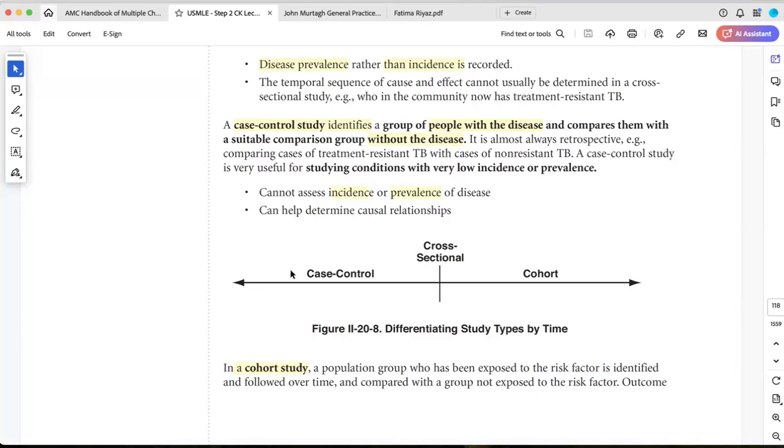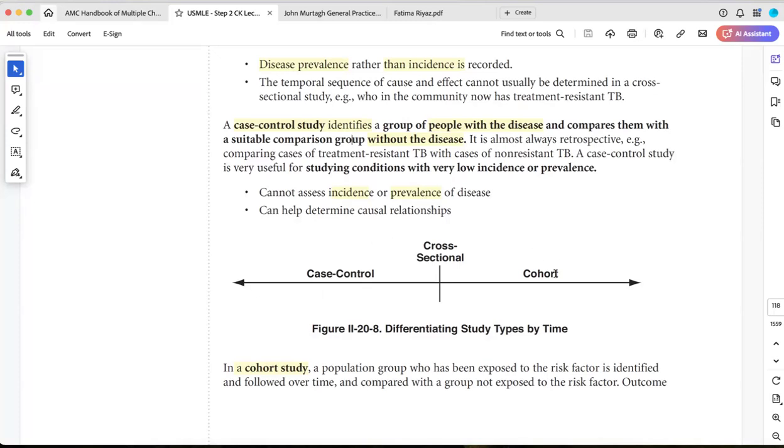When we go backward to find a cause of a disease, that's when we do the case control. Because it goes backward, it cannot definitely assess the new cases, and it also cannot assess the number of diseased people in a community. Okay, so that's case control, which goes backward.